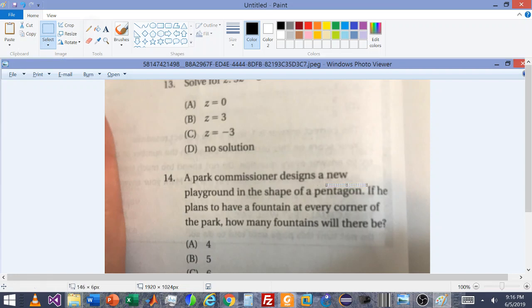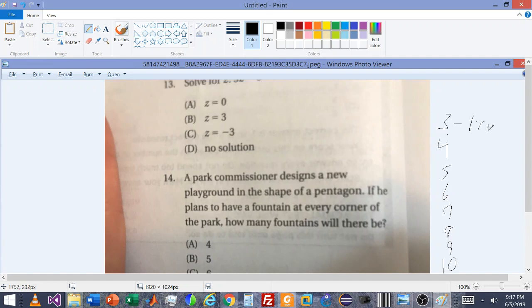So you need to know your names for the different numerals, okay? So 3 is tri, 4 is quad, and we can build all the way up to 10 here. So 3 is tri.